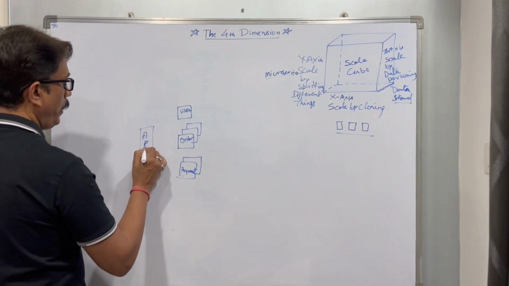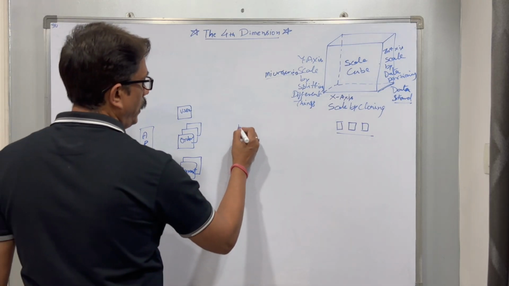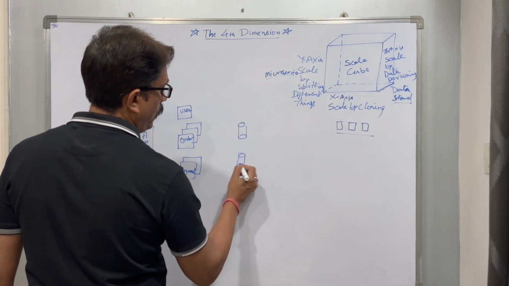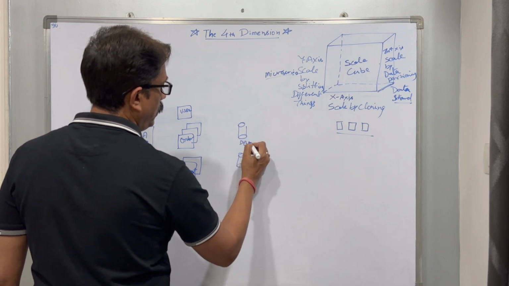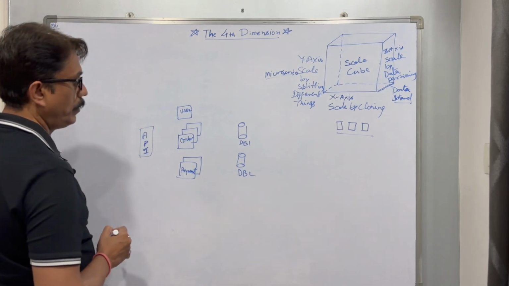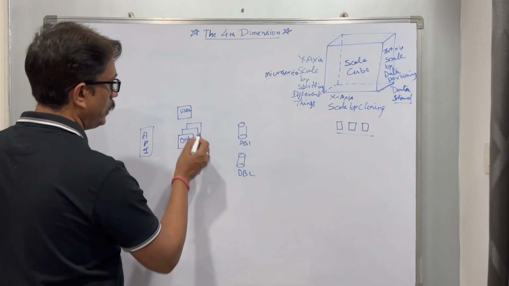And we might have an API gateway in front of them, and here we have two database shards, db1 and db2. And these we have created.